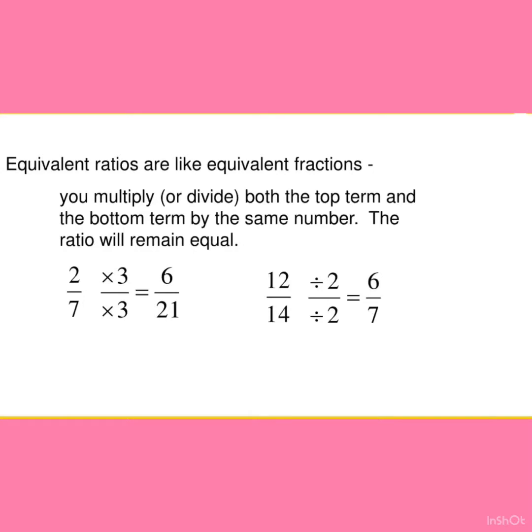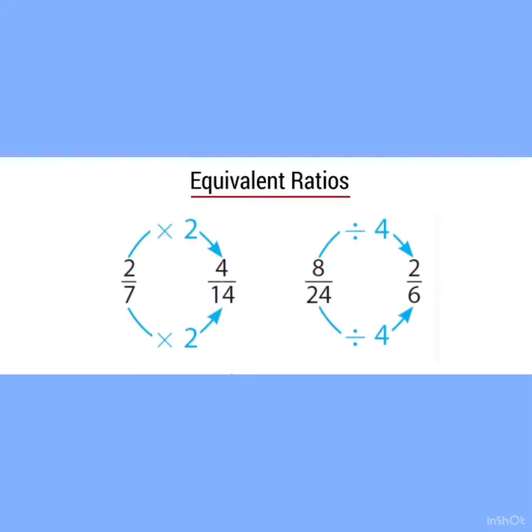And if we divide 14/12 by 2/2, we will get 7/6, that is equivalent to 14/12. In the same way, 2/7 is equivalent to 4/14 and 8/24 is equivalent to 2/6.